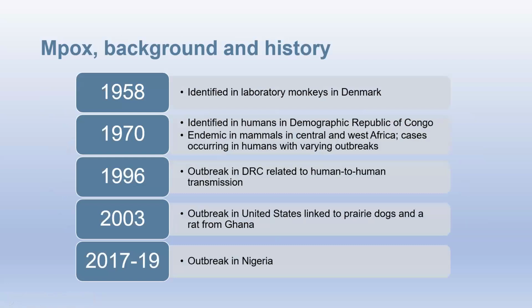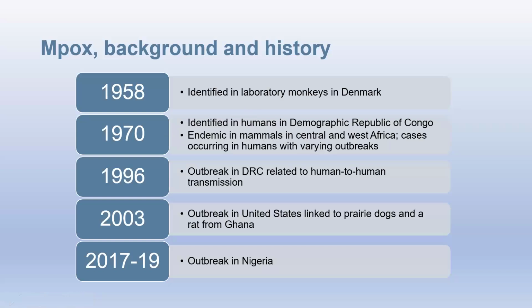A bit of background: it was first identified in 1958 in laboratory monkeys in Denmark. That's where the name Mpox came about. Then in 1970, it was found in DRC, and it's actually endemic in this region in mammals. And when human beings interact with these mammals, we do have varying outbreaks in this region.